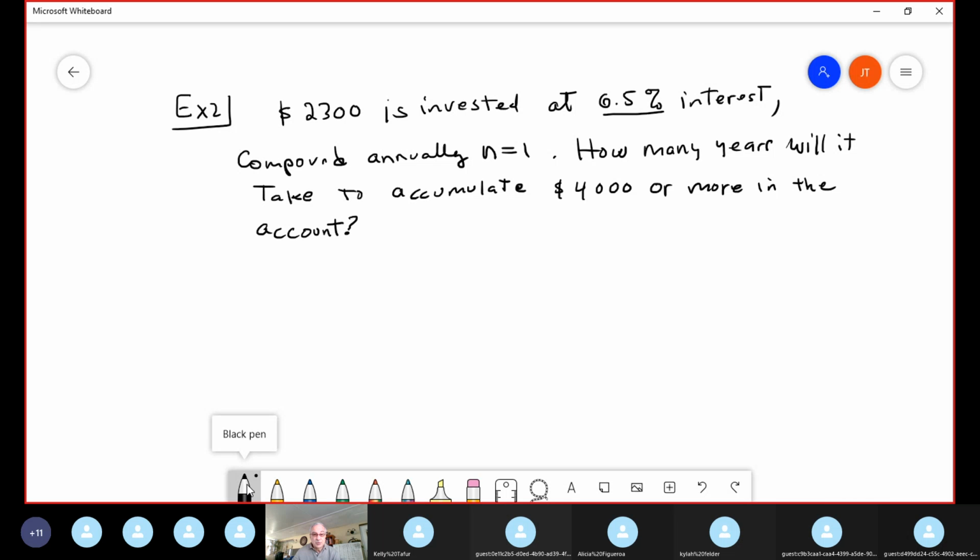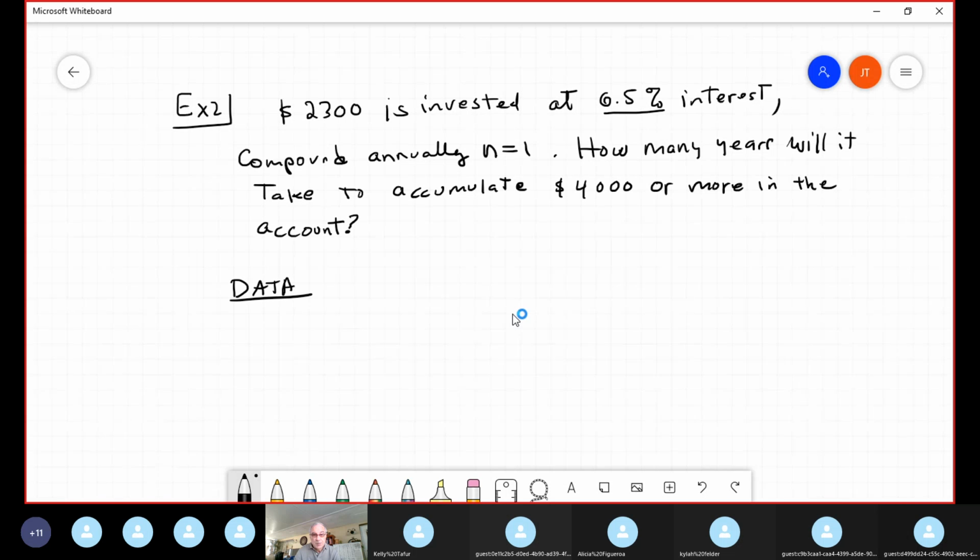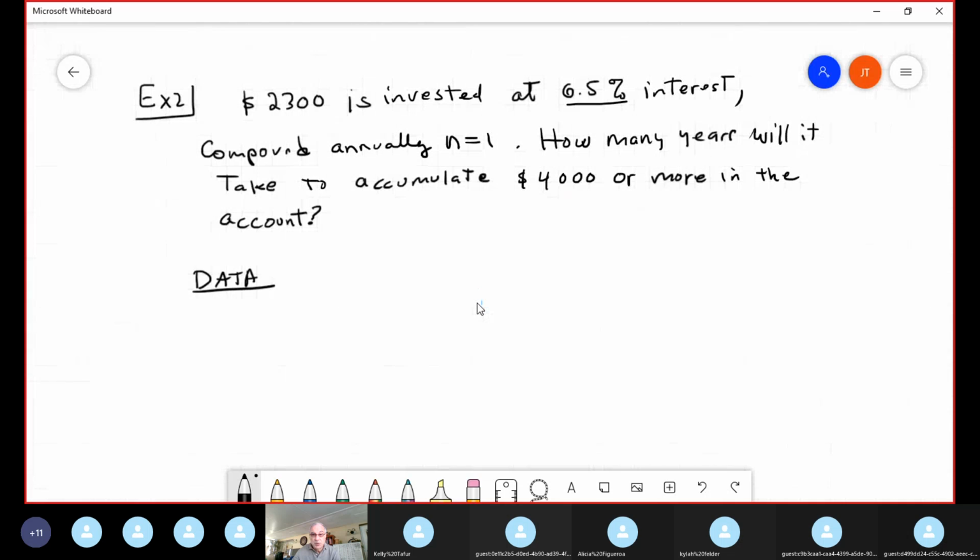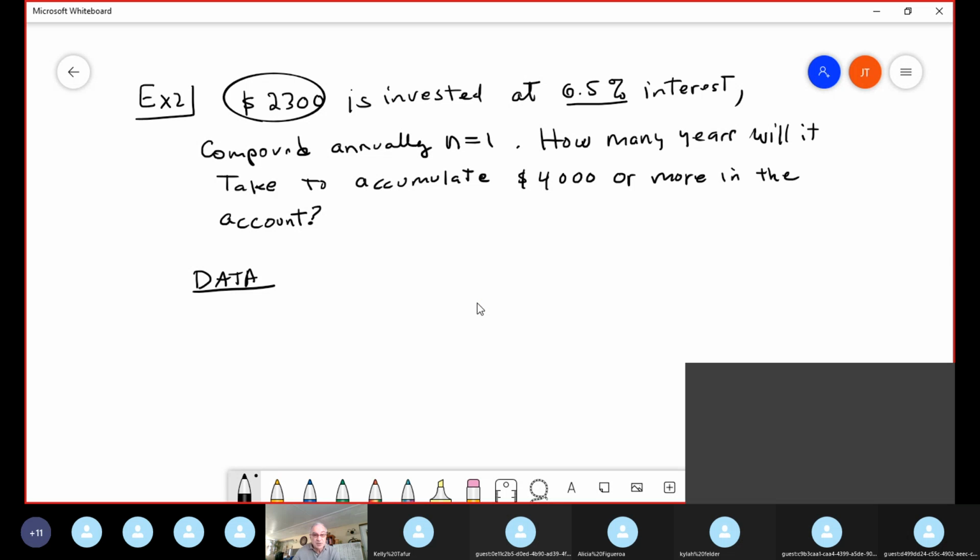Okay, let me try to understand the problem and let's set up the data here. Who is the $2,300? Is it present value or future value? Present value, very good.